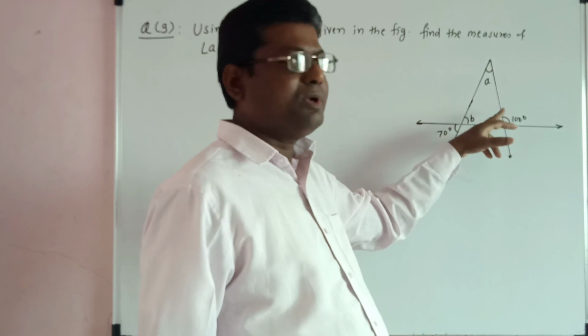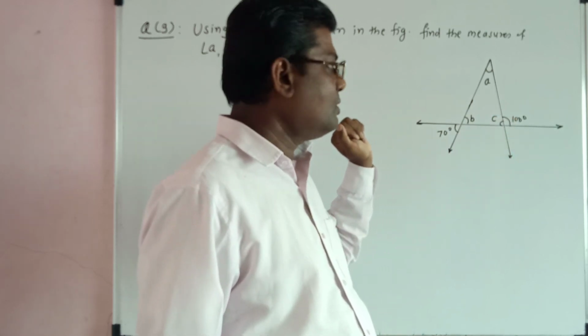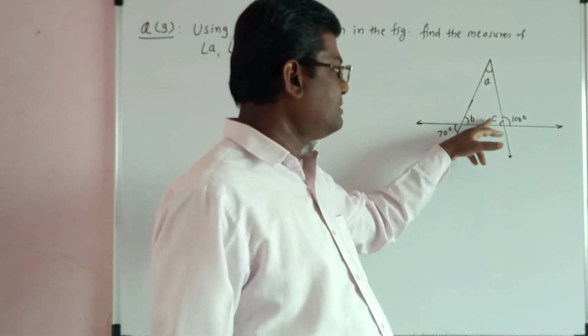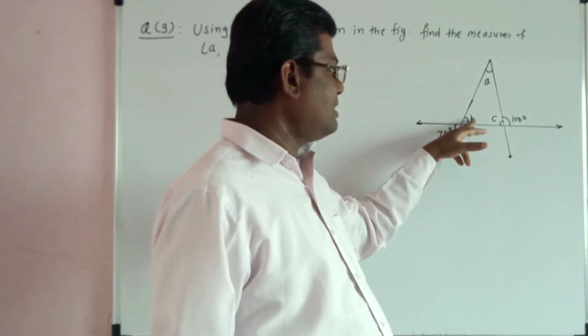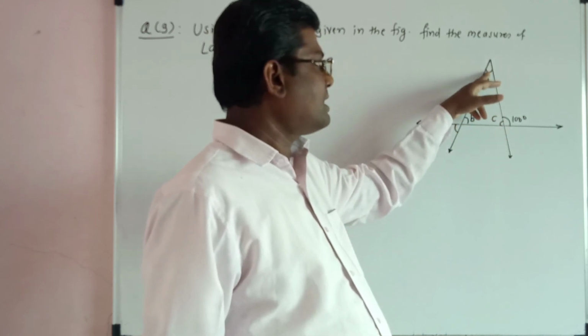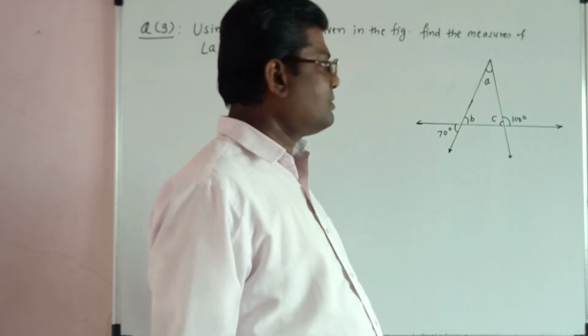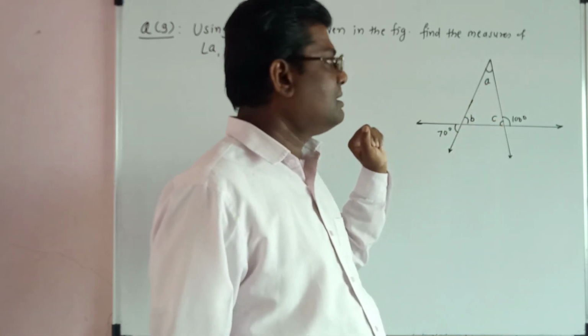Therefore, their sum will be 180 degrees. So, angle C plus 100 is equal to 180 degrees. From this, the angle will be 80 degrees. This angle is 70 degrees. This angle is 80 degrees. So, we can find this angle because the sum of measures of these three angles is 180 degrees.